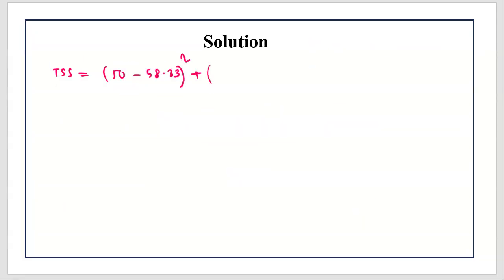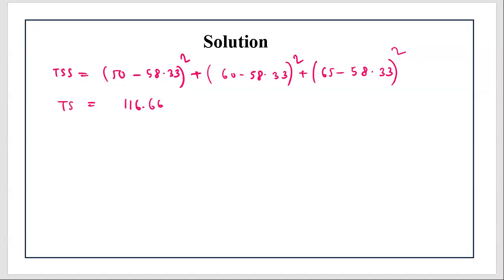Take the summation. So 60 minus 58.33 whole square, and the third value is 65 minus 58.33, whole square. Compute this, and the value will come out to be 116.66.